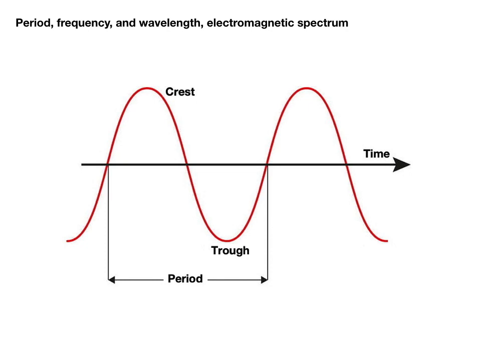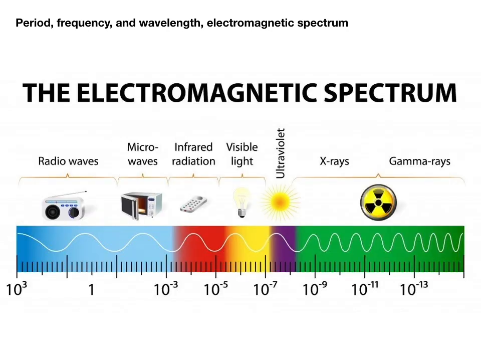Related to the period is the frequency of an electromagnetic wave. The frequency is the number of cycles per second specified in hertz. One cycle per second equals 1 hertz. Radio waves span the frequency range from about 20,000 hertz or 20 kilohertz to around 300 billion hertz or 300 gigahertz.